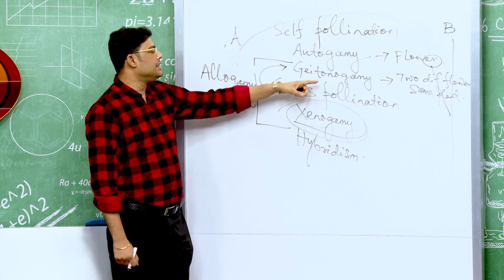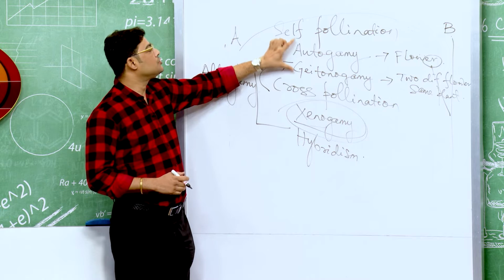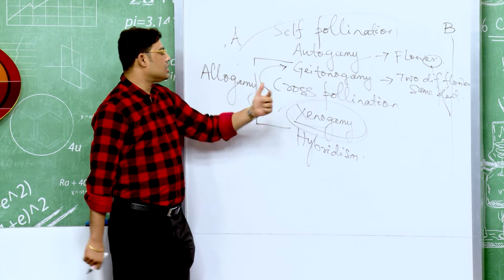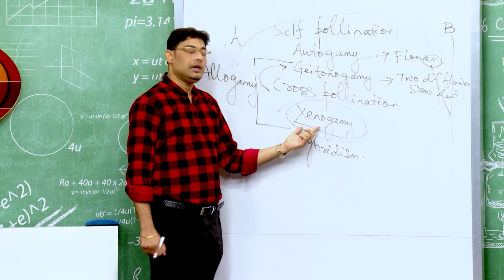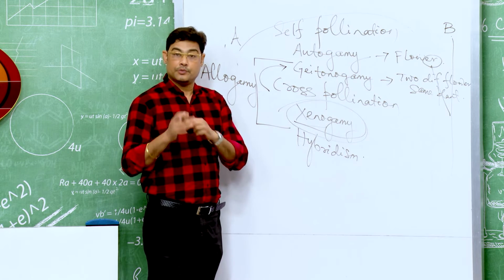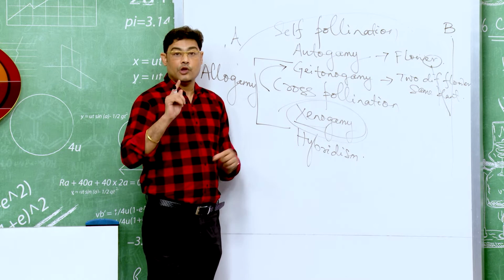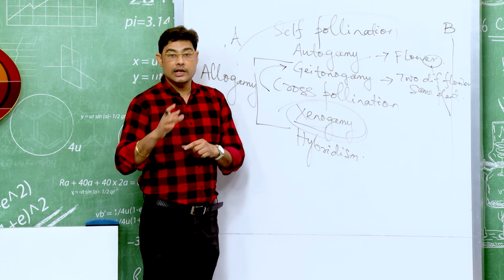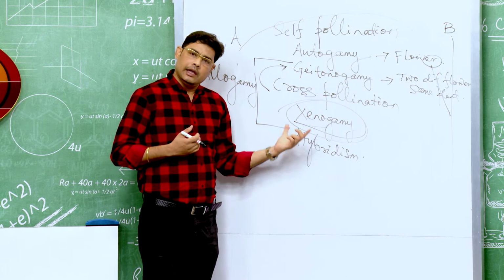So autogamy and geitonogamy, genetically, are the two types of self pollination, and in cross pollination we have xenogamy and hybridism. Xenogamy is the cross pollination between two similar individuals of the same species, and hybridism is between two different species, not exactly different, but closely allied species, probably of the same family.